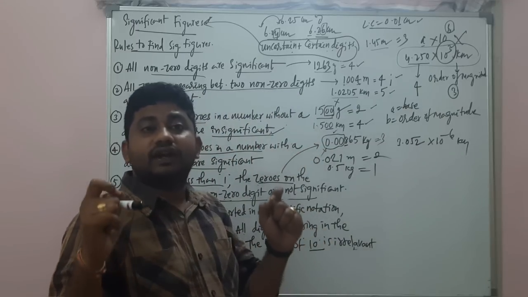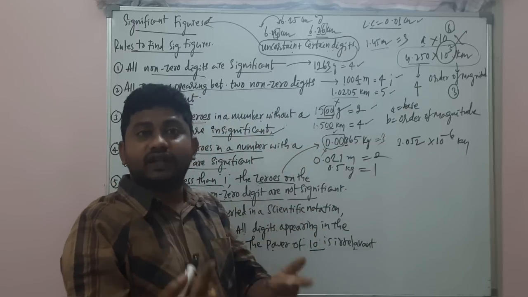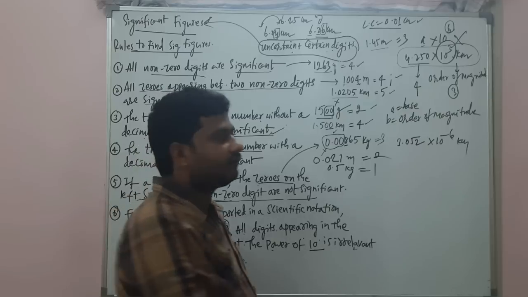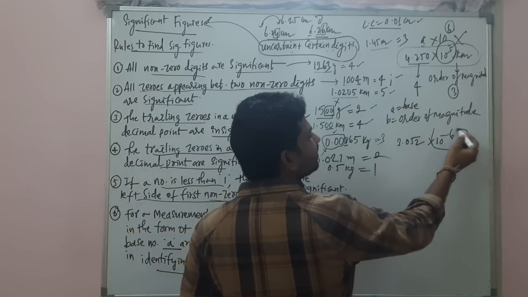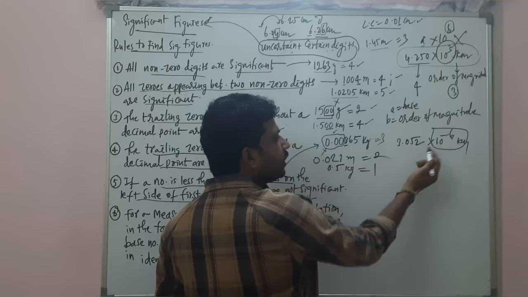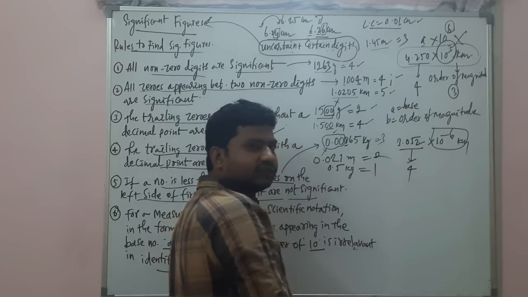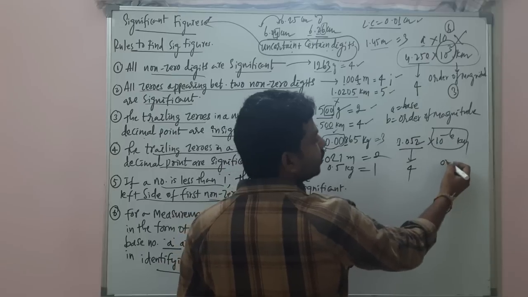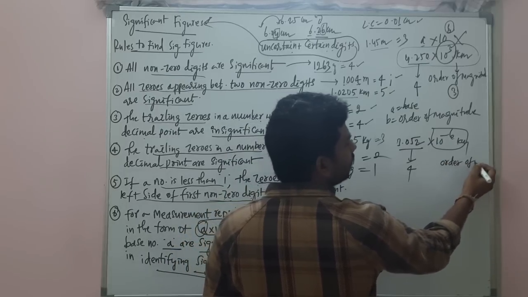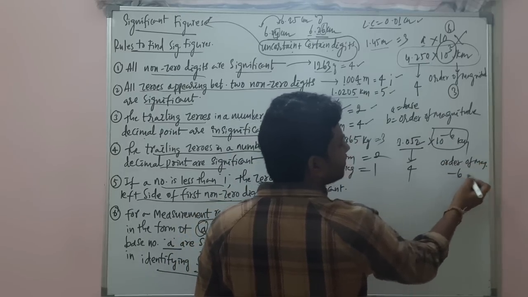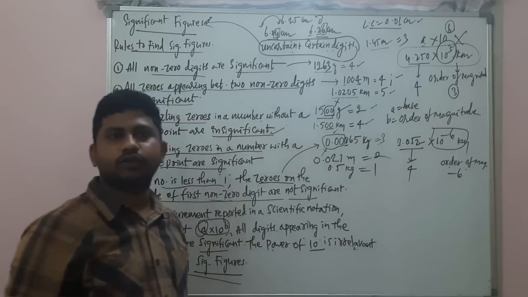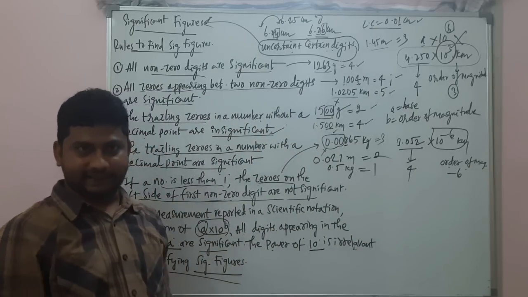How many significant figures does this measurement have? There's no count of significant figures from the 10 raised to B. Only count from here: 1, 2, 3, 4. So 4 significant figures. And what is the order of magnitude here? The order of magnitude in this case is minus 6.